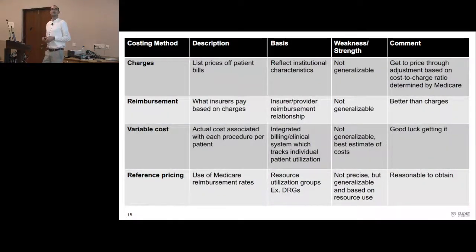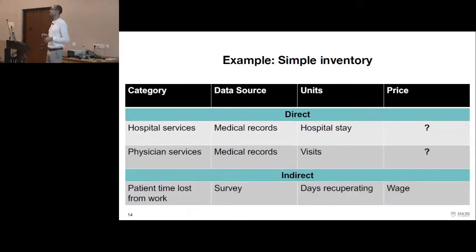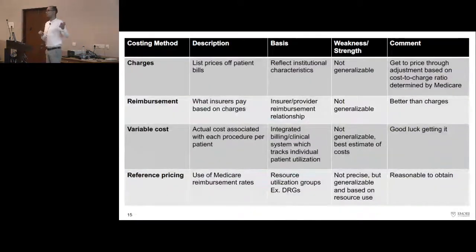For figuring out prices of healthcare services, this table was actually developed from the US perspective, so I'm not sure how well it will translate into the Indian environment, but chances are that it will. What we call charges is sort of a list price.